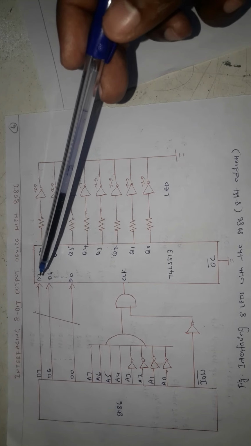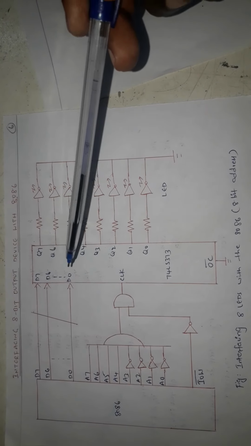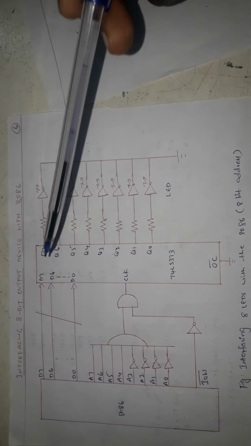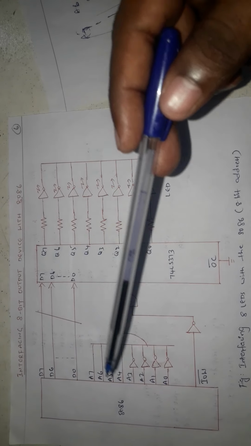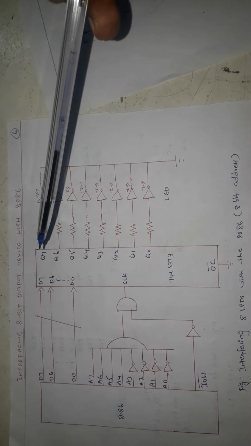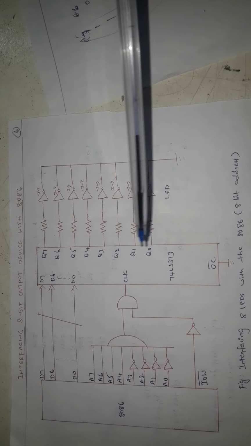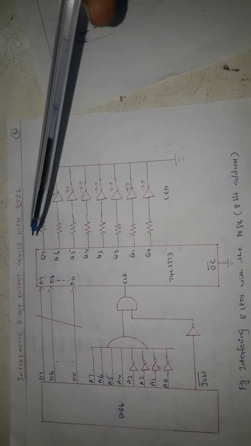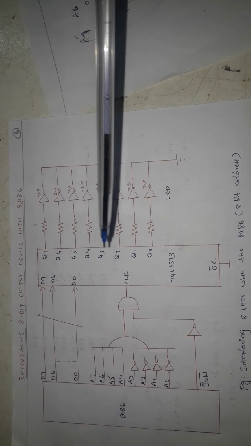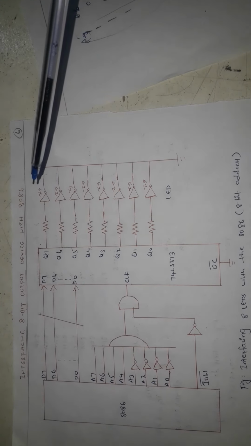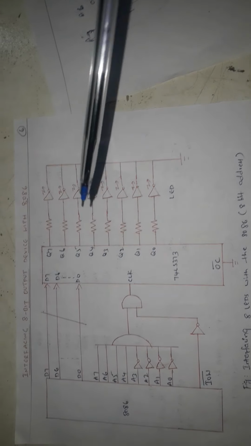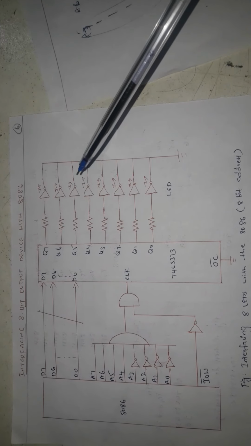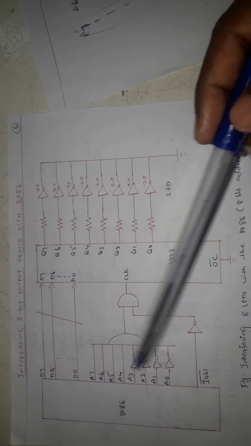It has got 8 inputs and 8 outputs. D0 to D7 are the 8 inputs. They are connected to the data bits of the 8086 processor, and we have 8 output lines Q0 to Q7, and they are connected to 8 LEDs. So the 8 outputs of the D latch are connected to the 8 LEDs, and the address of the LEDs is assigned through the address pins A0 to A7.